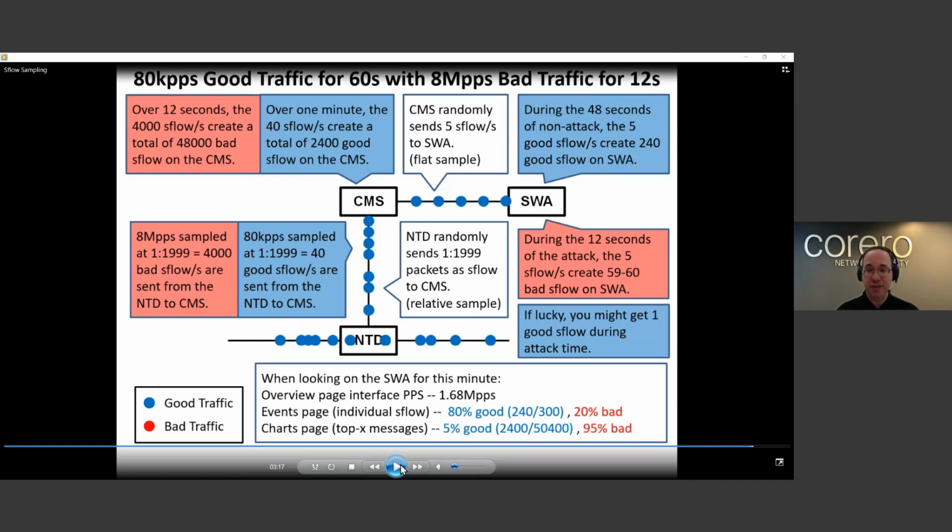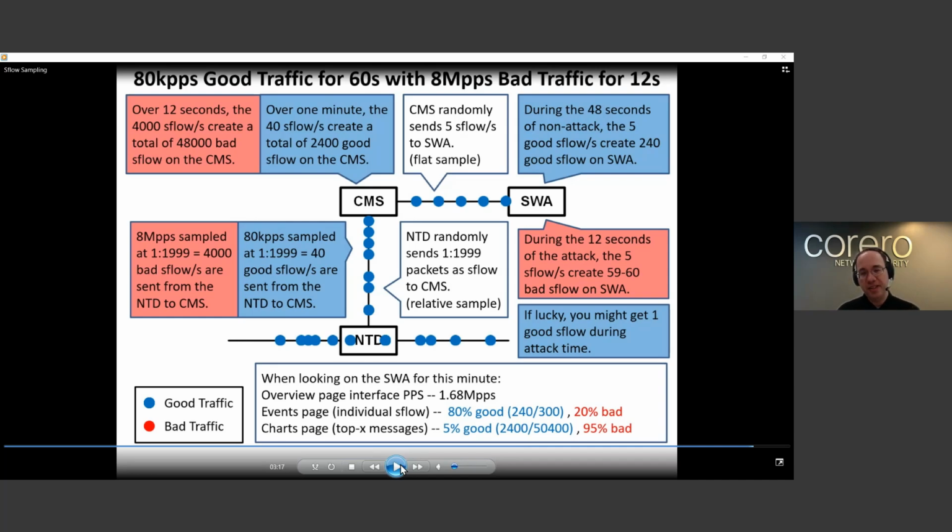And that is because with most graphs, there is an averaging going on somewhere. And depending on your vendor, it could be 1 minute, 5 minutes, an hour, who knows? In this case, on our overview page, we do once a minute averages. So the average PPS over the minute was 1.68 million PPS, right?